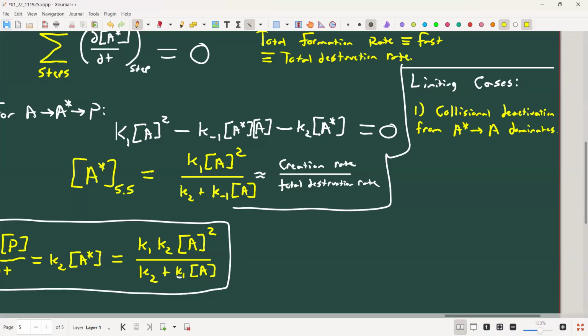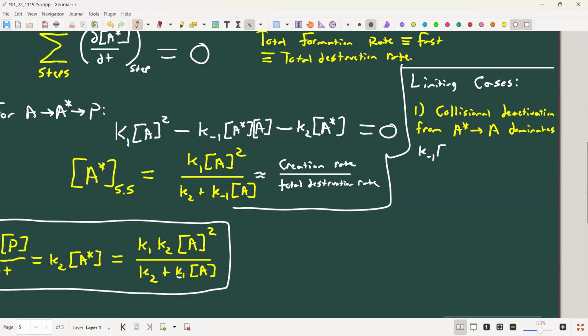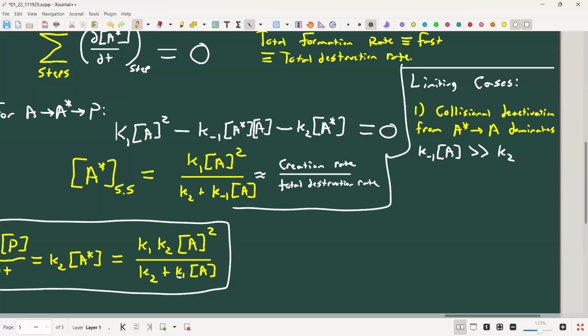Well, then that means that K minus 1 A is much larger than K2. So this is a situation when there's lots of collisions.